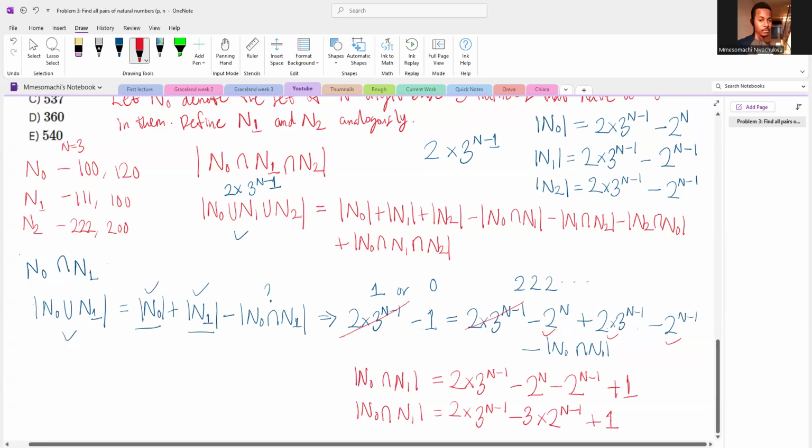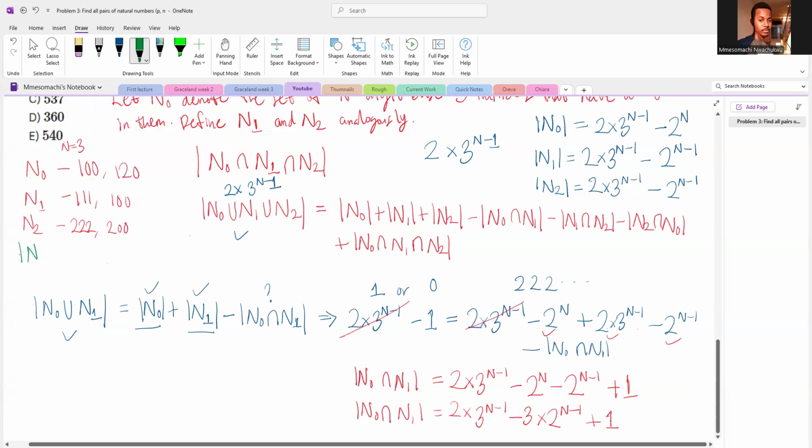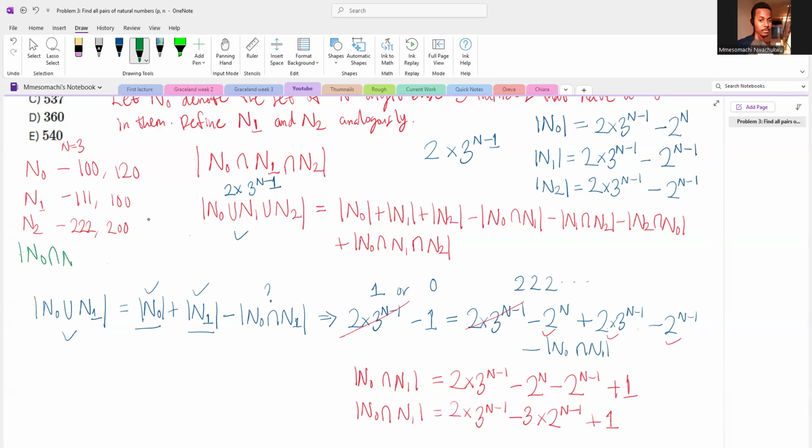Let me write it in a green color. So we have n0 intersect n1 equal to 2 times 3 to the power of n minus 1 minus 3 times 2 to the power of n minus 1 plus 1.